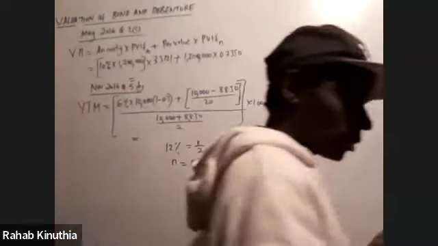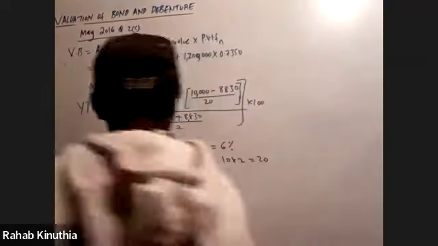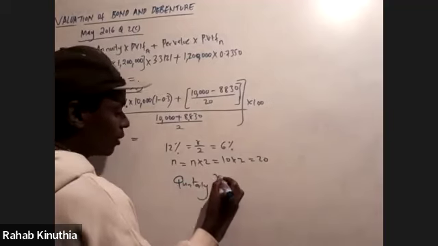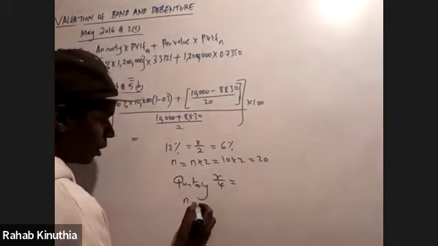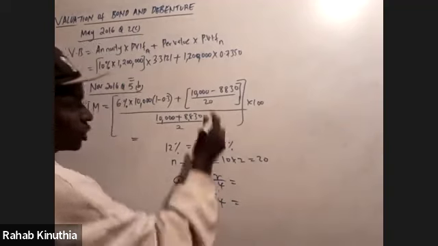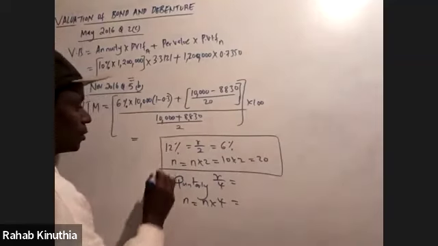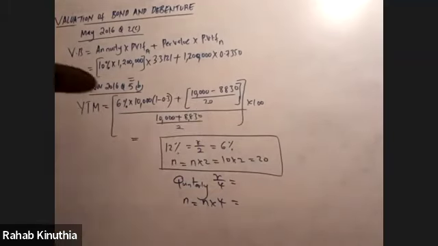If it were quarterly, we would take R divided by 4 to get the new R, and N would be 10 times 4, which is 40. But because it is semi-annual, our new figures are 6% and not 12%, and 20 periods.